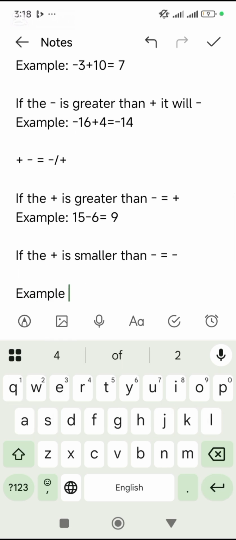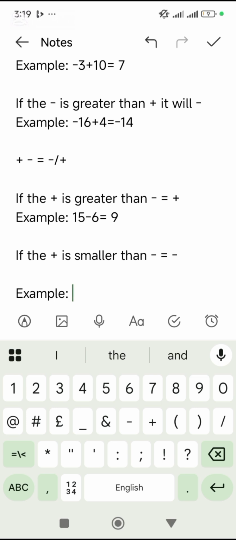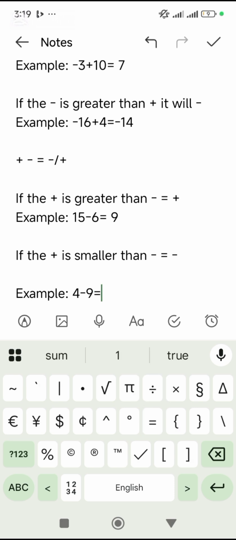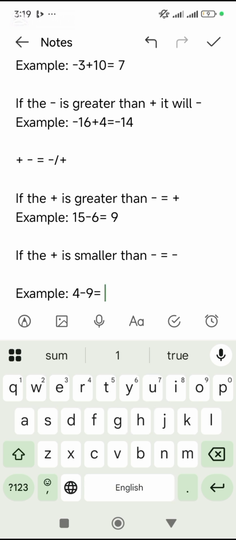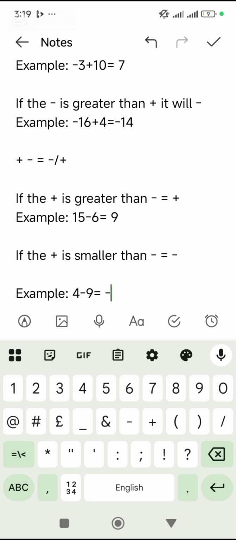Example, let's say we have 4, which is positive, minus 9. So you will subtract, but the answer will be negative, which will be minus 5. All right, so you can see how this is being handled separately in equations.